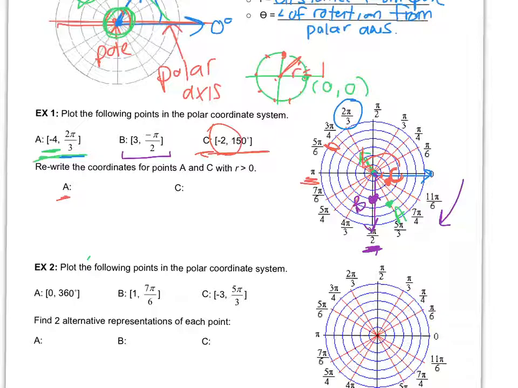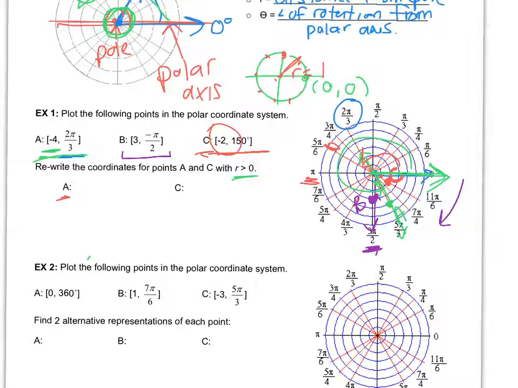So this problem is saying now I want you to use a positive value of r to represent A. If you think about starting at the origin or at the polar axis facing the 0 degree direction, and I want to walk forward to get to my point A, then I need to represent either rotating all the way out to that or going in the negative direction of theta.